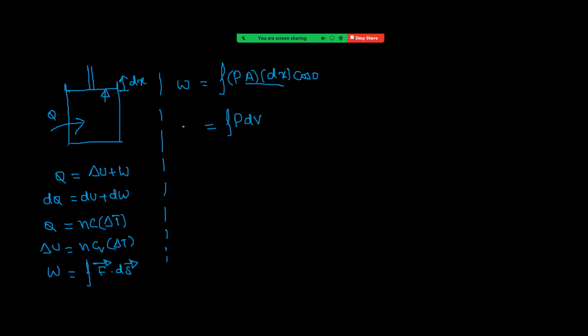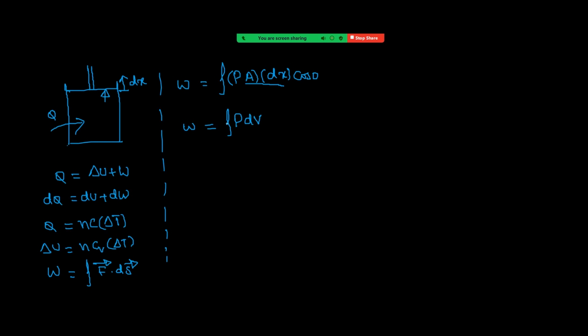So whenever we want to calculate work done, it is the integral of P dV, where P stands for the pressure of the gas. W stands for work done by the system. The meaning of W is work done by the system, and that is given by the integral of P dV, where P is the pressure of the gas.